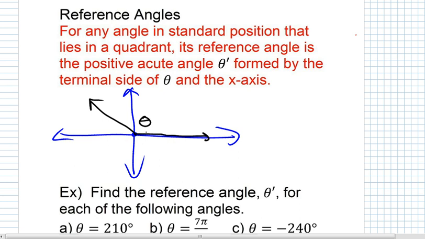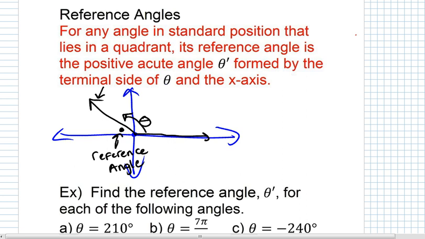So notice here's theta, we rotate it. Here's our terminal side. Alright, the positive acute angle, which is right here, that's formed by the terminal side and the x-axis, is the reference angle. Alright, it's not the y-axis.